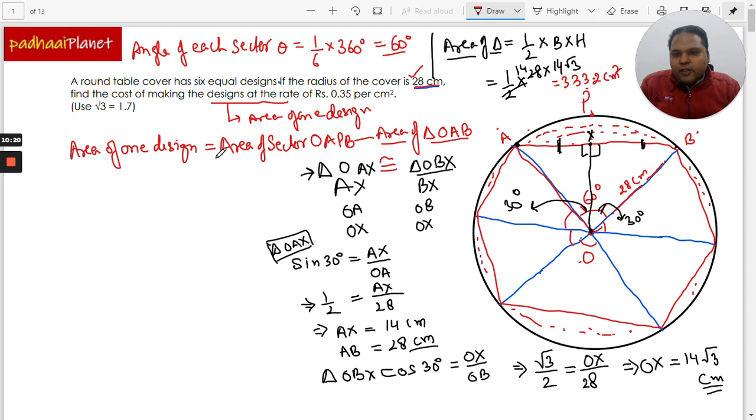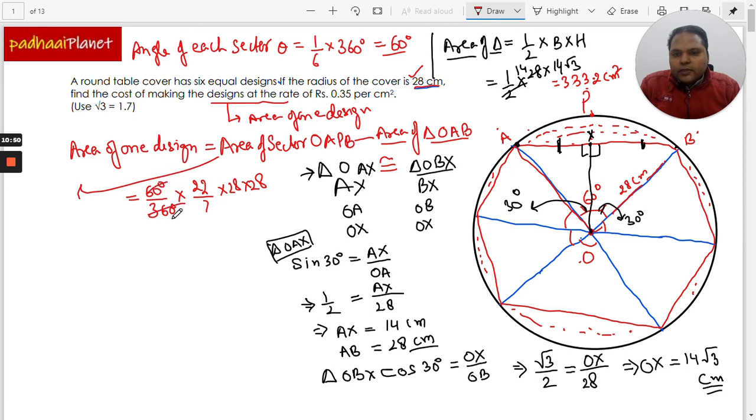Now let's find out the area of the sector. So area of the sector OAPB is equal to theta upon 360 degree multiplied by pi r square, and pi meaning 22/7, r meaning 28, so that's 28 multiplied by 28, and theta was 60 degree, right? So I'll write 60 degree here.